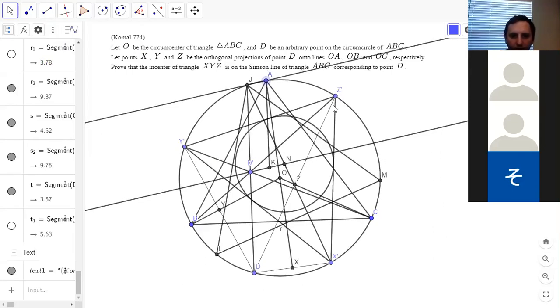Is that obvious? Because AK is twice the distance from O to BC, and if N is the orthocenter of JLM, then JN is twice the distance from O to ML, which would be the same thing.